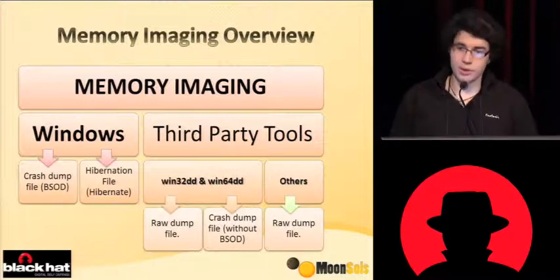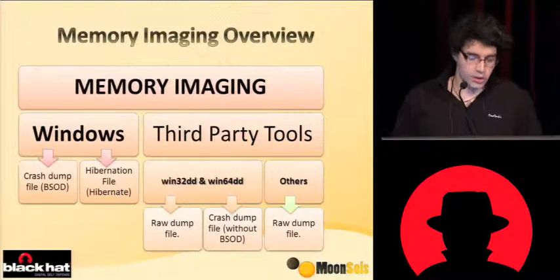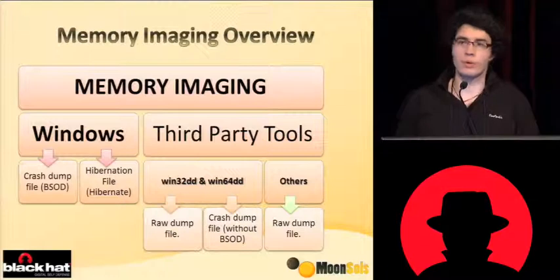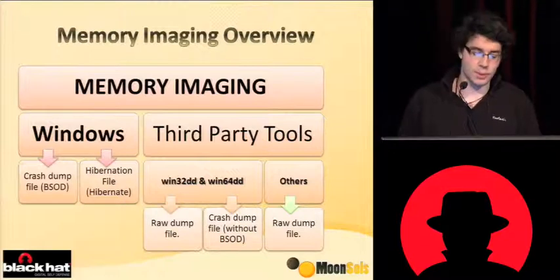Same thing with the hibernation file. Depending on the version of Windows, you won't be able to have a hibernation file if you have more than 5 gigabytes of memory.